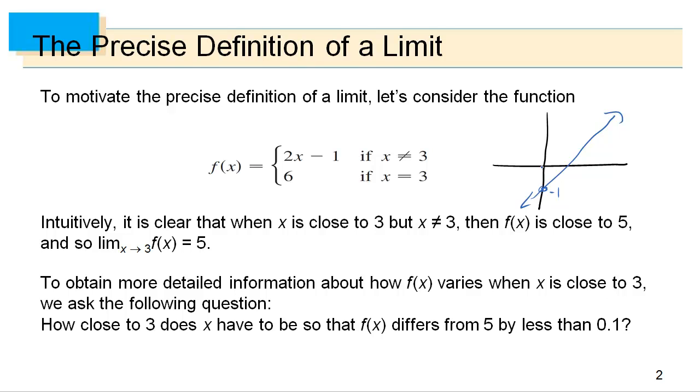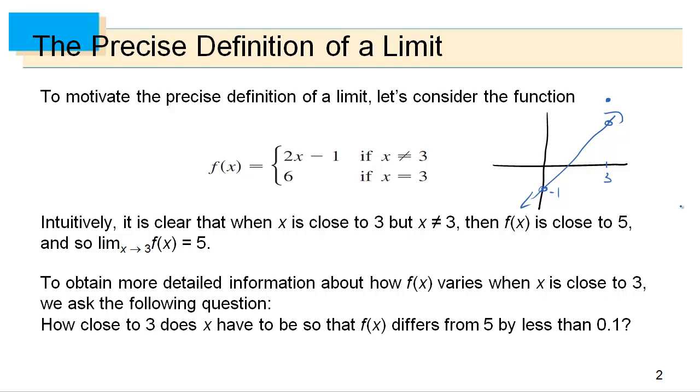And then it's going to go through at a half. My scale's all off. And then over here, at 3, there's going to be a hole in it. And instead of the answer being 3 times 2 is 6, 6 minus 1 is 5, it's actually defined as a dot up there.